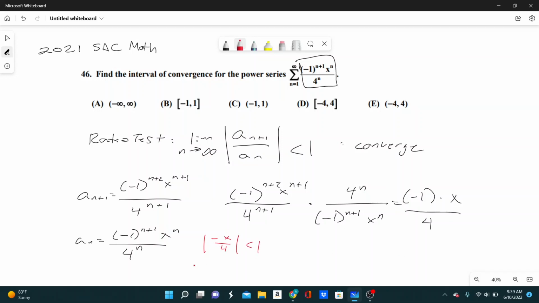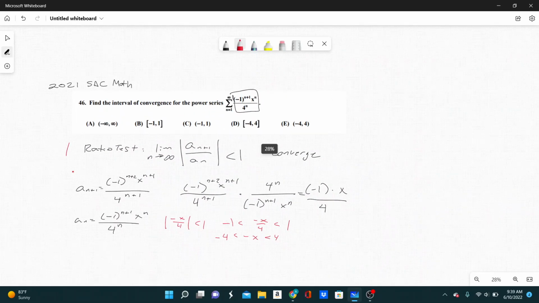Or the other way you could write this is negative 1 is less than negative x over 4, which is less than 1. So then from here, we can multiply everything by 4. So negative 4 is less than negative x is less than 4.